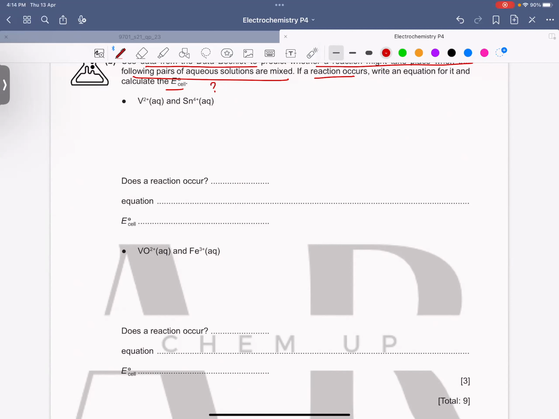Okay, Saliha has sent me. Very good, Saliha. Sanya, you didn't calculate the E naught value. Okay, remaining students, please send me as soon as possible.